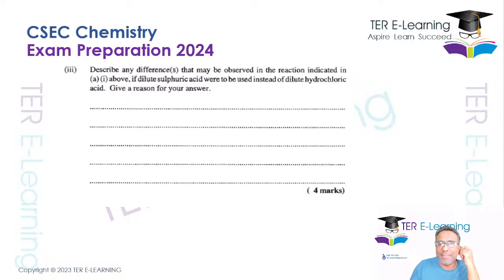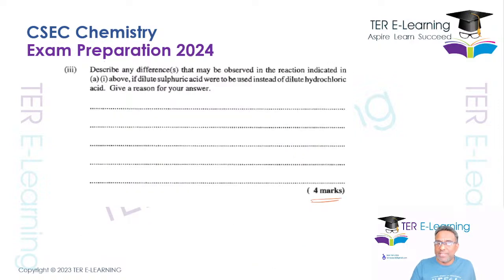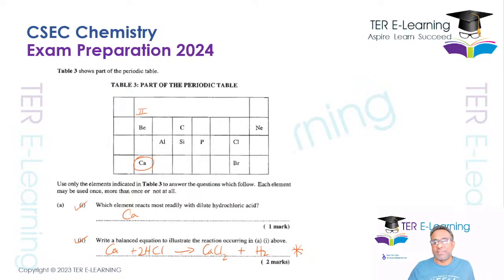Next part, describe any differences that may be observed in the reaction indicated in A1 above if dilute sulfuric acid were used instead of hydrochloric acid. They're giving 4 marks for this. So we're looking at this reaction here, right? If I take hydrochloric acid and I react it with calcium, I'm going to get calcium chloride and hydrogen gas. The question is asking me, describe any differences that may be observed in the reaction if we use dilute sulfuric acid instead. I wonder if anybody knows the answer for this.